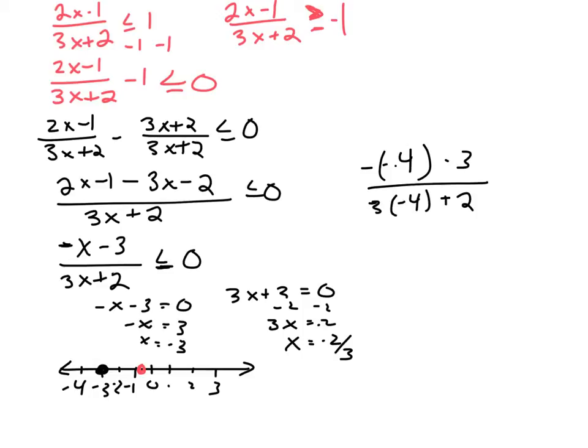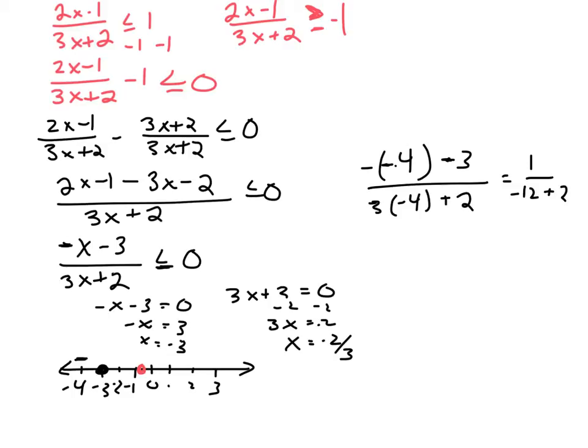These two negatives cancel, so that's positive 4. Positive 4 minus 3 is 1. And then this will be negative 12 plus 2, which is negative 10. So it's a positive divided by a negative, which is going to be a negative. So it's going to be negative over there.